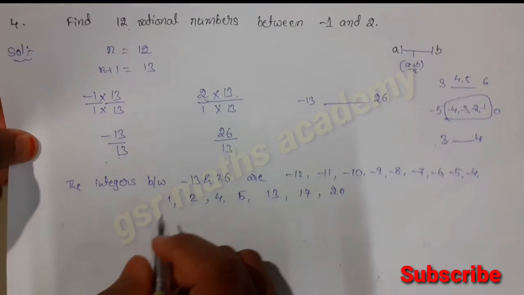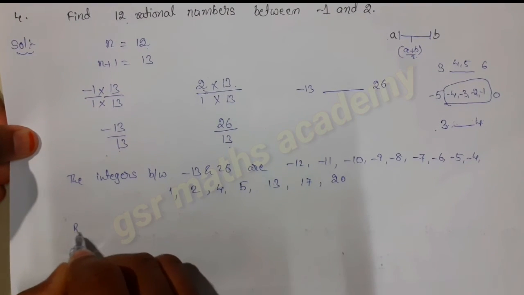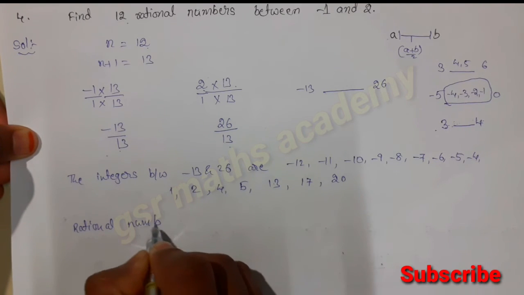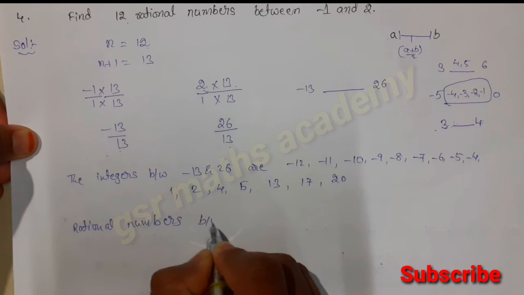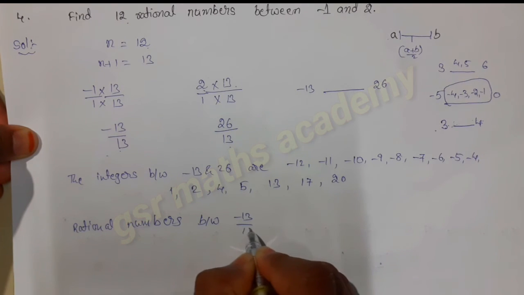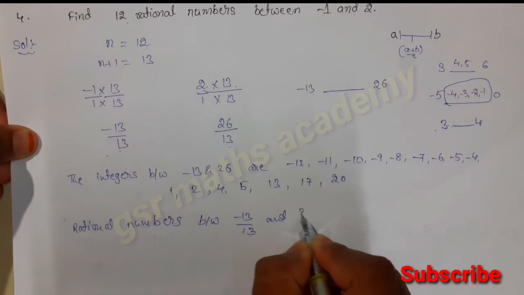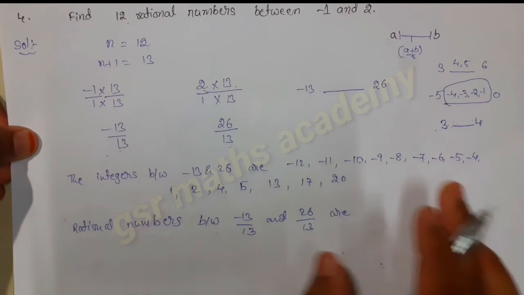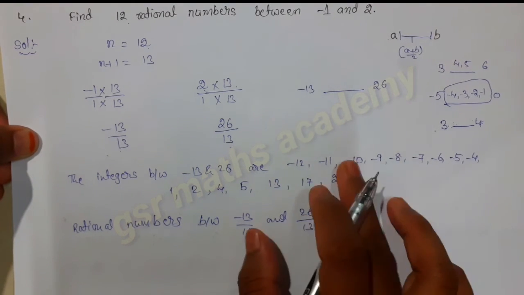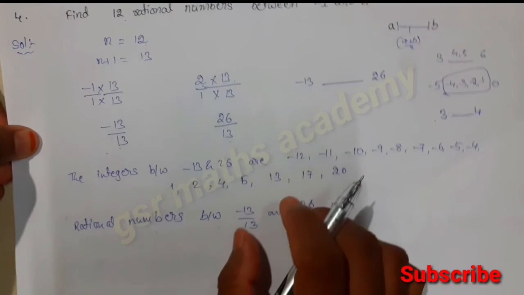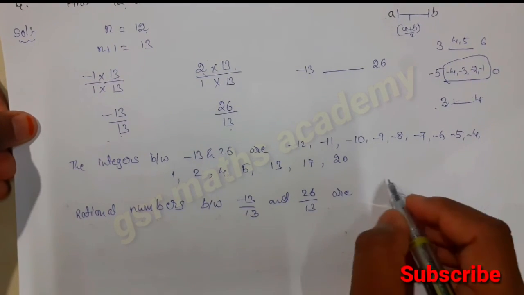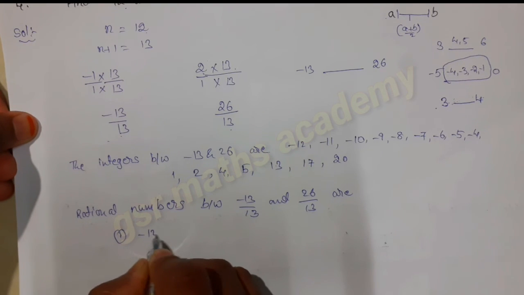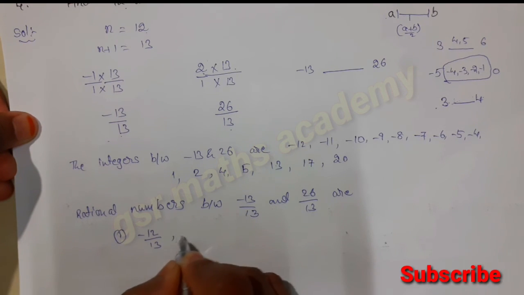So you can write the rational numbers between -13 by 13 and 26 by 13, and in this, select any 12. For those 12 numbers you take the denominator as 13. Let me write that. First one, -12 by 13.